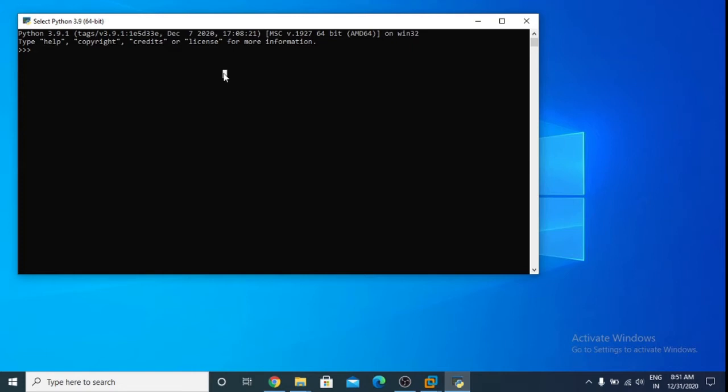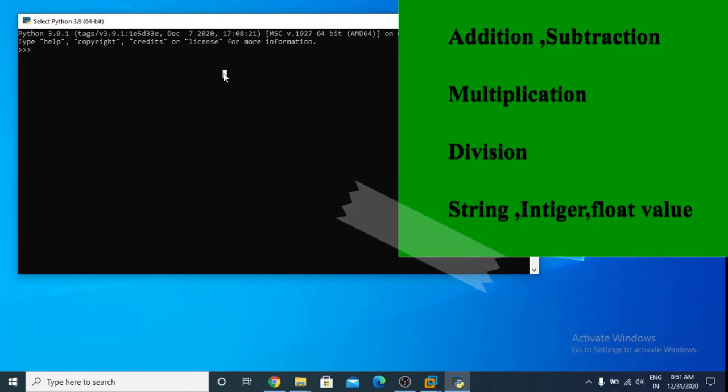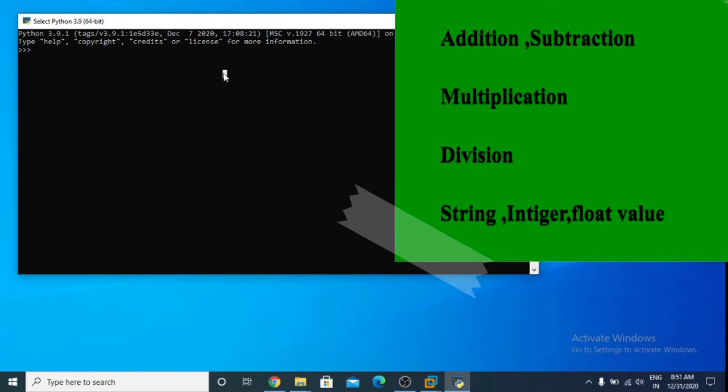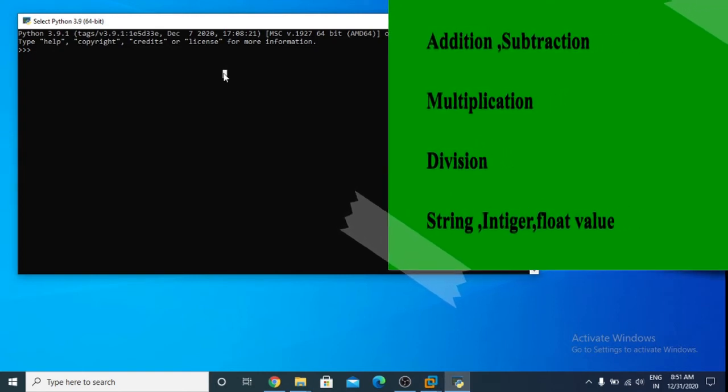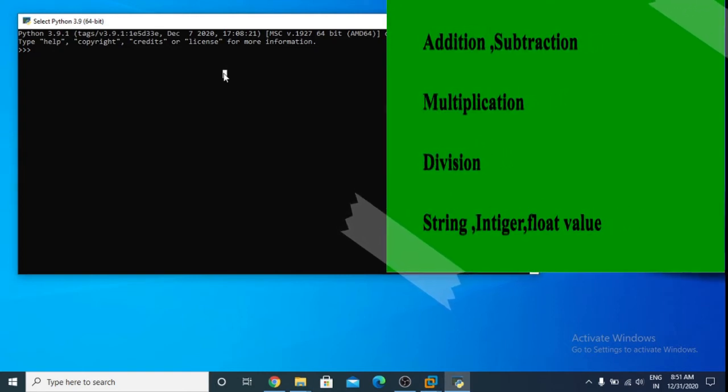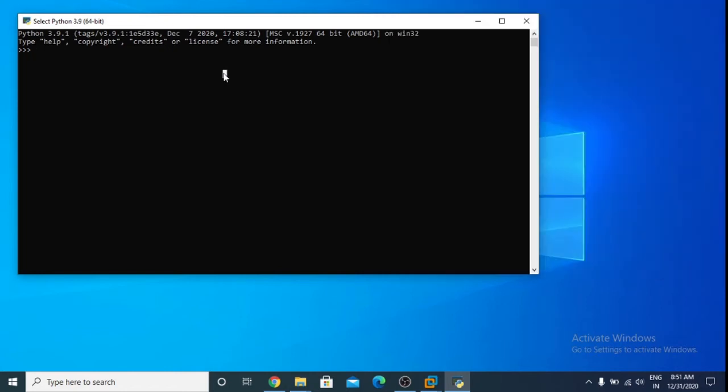So I'm going to do some operations here, like addition, subtraction, multiplication, and some string, integer and float values. So let's try 2 plus 3.